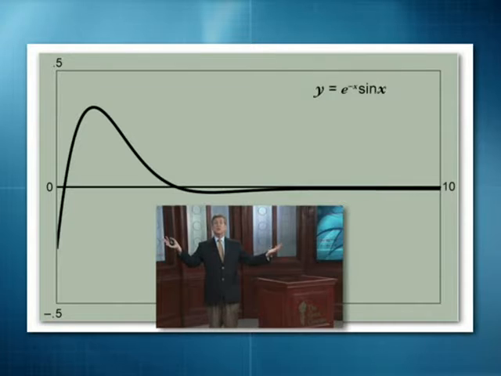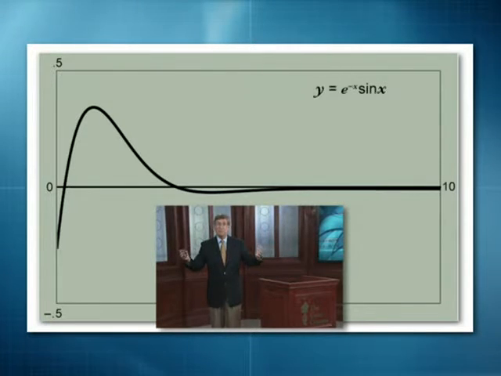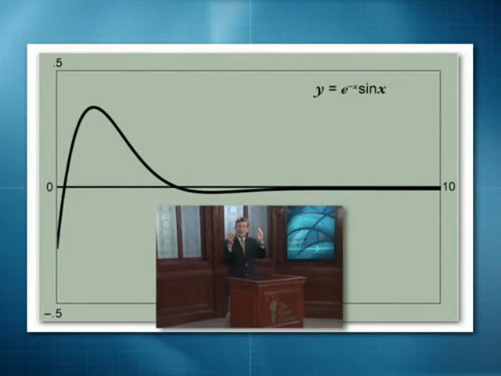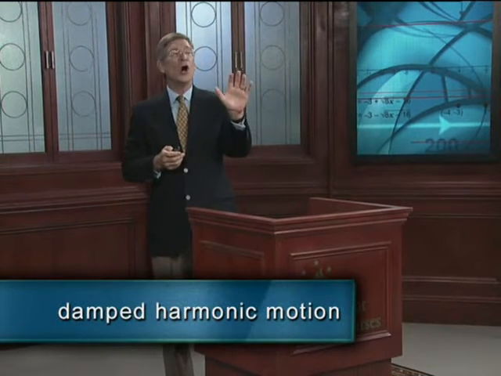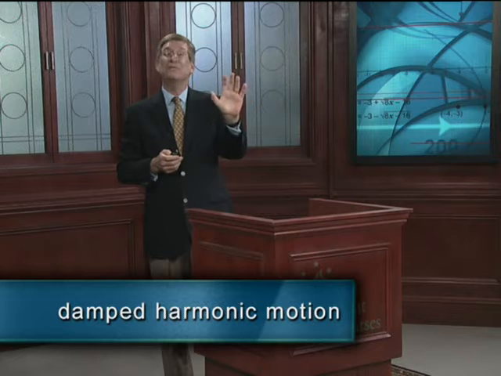That's an enormously small number, tiny number. And that's why the product shrinks down towards 0. All right, so this is an example of what we call damped harmonic motion. There's friction involved.